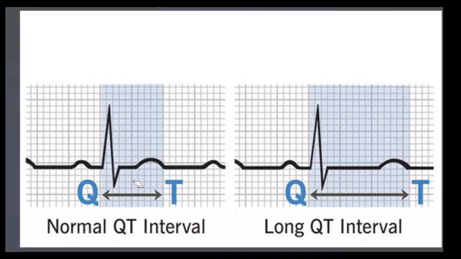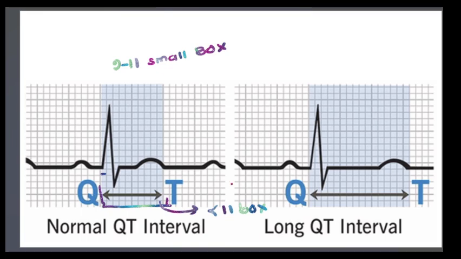And what is a normal QT interval? It should be between 9 to 11 small boxes. Again, we have discussed details about the large box and small box. This is one small box. Like that, this distance should be within 11 boxes.